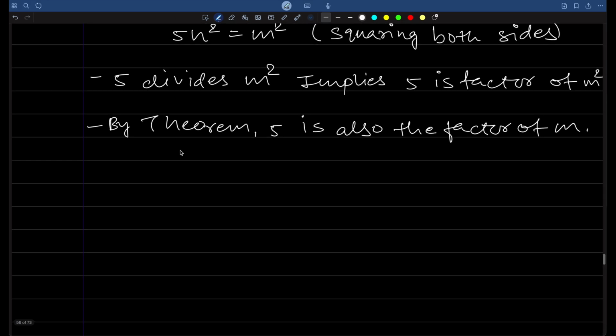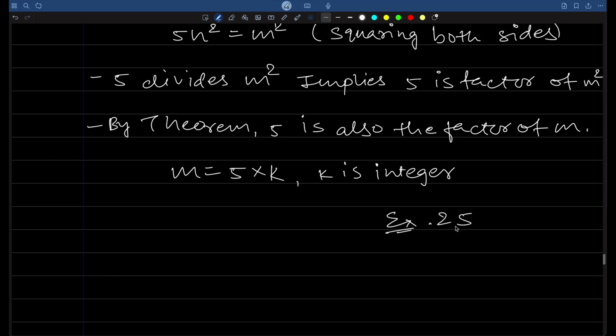If 5 is a factor of m, we can write m equals 5 into some other constant, let's say k, where k is any integer. This is similar to a small example, 25.